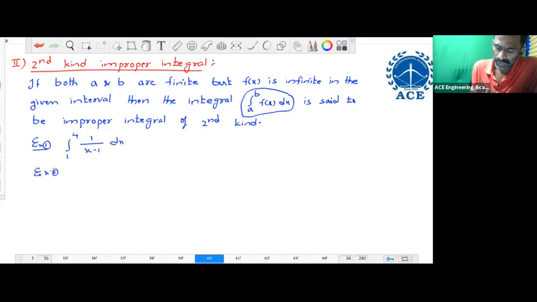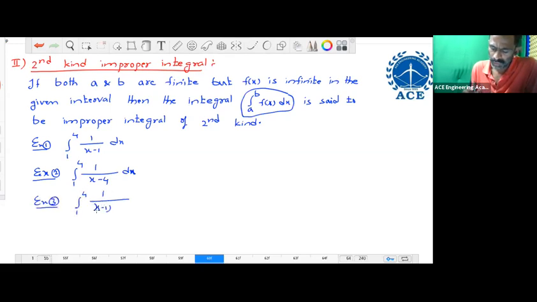Example number 2, integral 1 to 4, 1 by x minus 4 dx. Example number 3, integral 1 to 4, 1 by (x minus 1) into (4 minus x) dx. Example number 5, integral 1 to 4, 1 by x minus 3 dx.